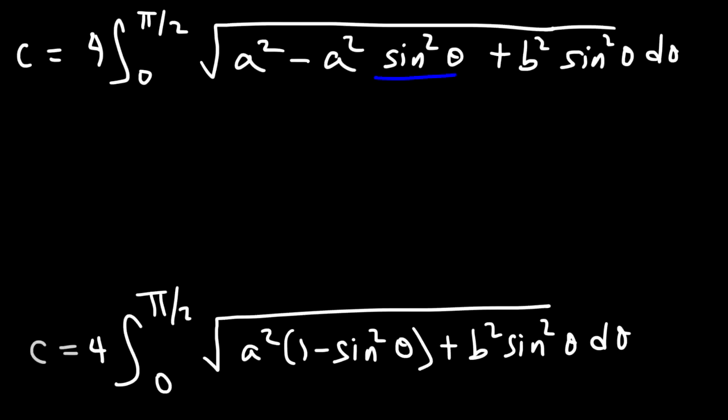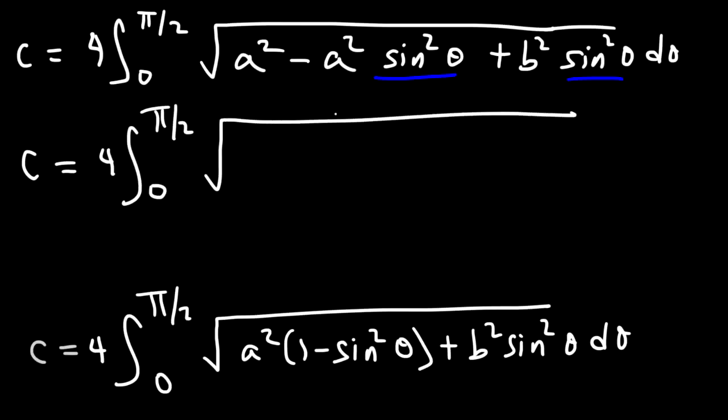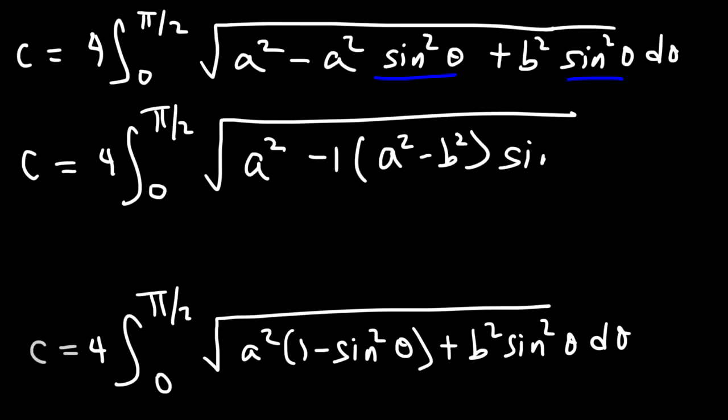So now let's factor out a sine squared. If we take out sine squared, what are we going to be left with? I'm going to factor out a negative 1. So it becomes positive a squared minus b squared times sine squared.